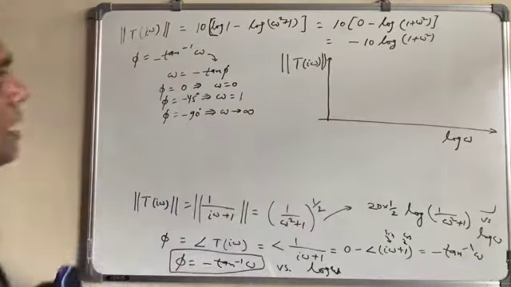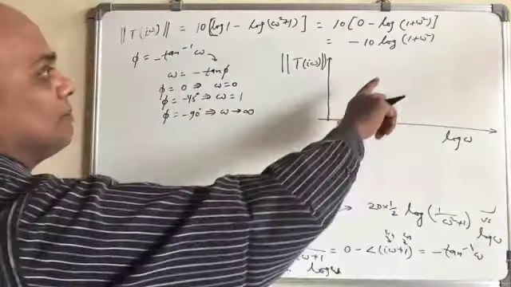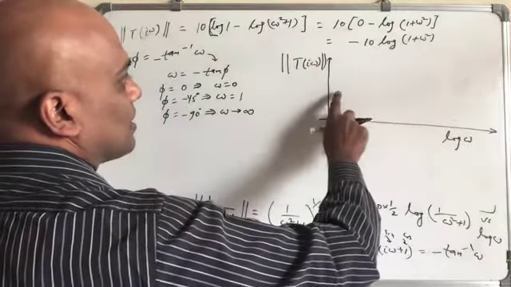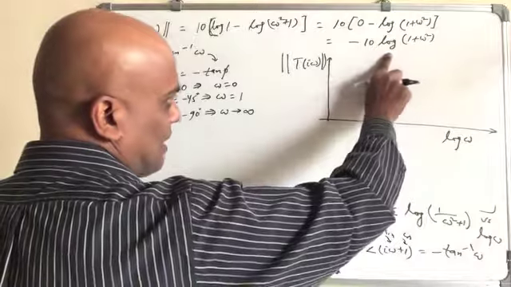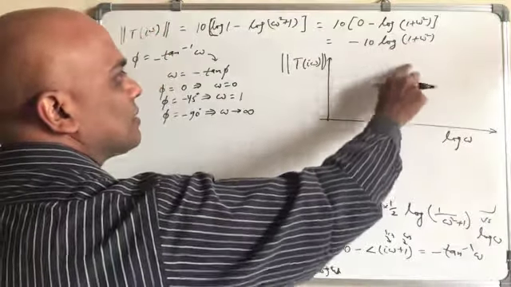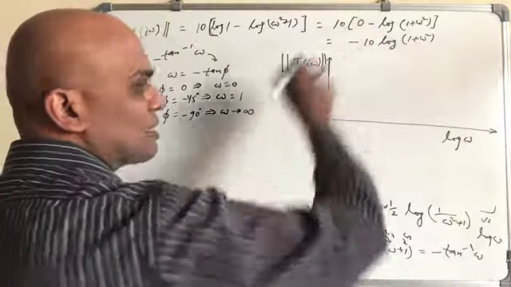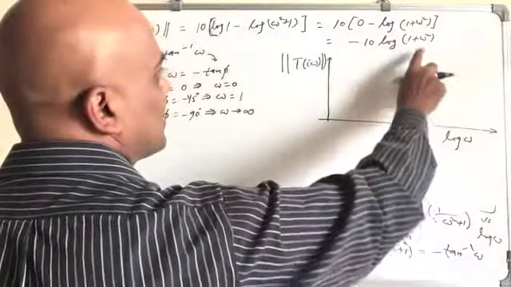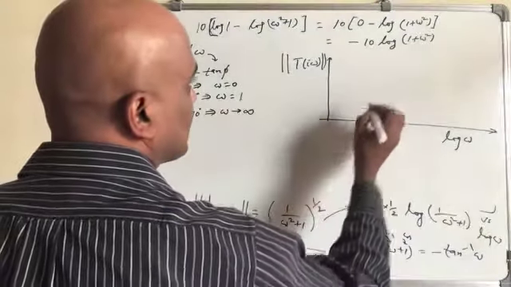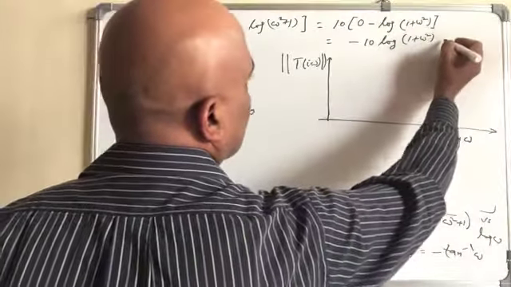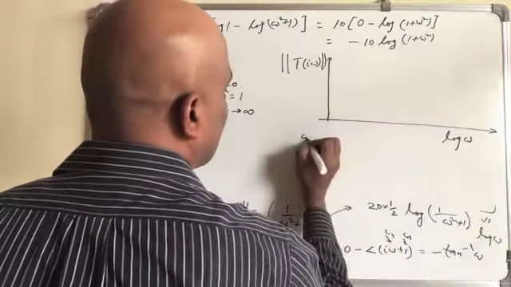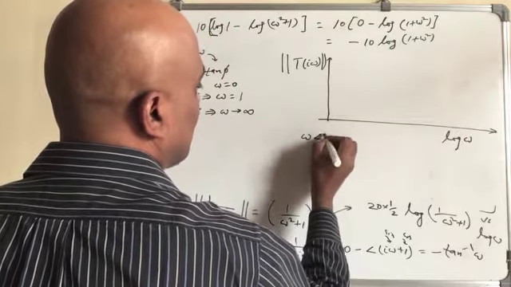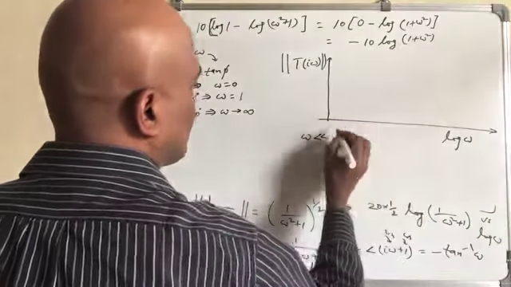We can make a little bit of approximation here when we are going to plot it. So what approximation? Let us say when omega is very, very much less than 1 in this case.